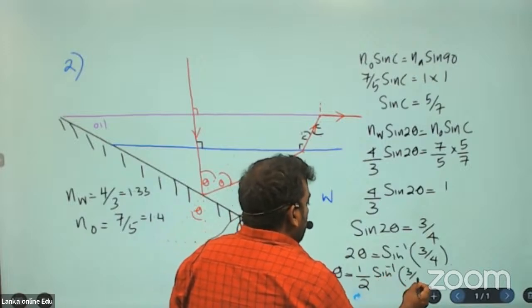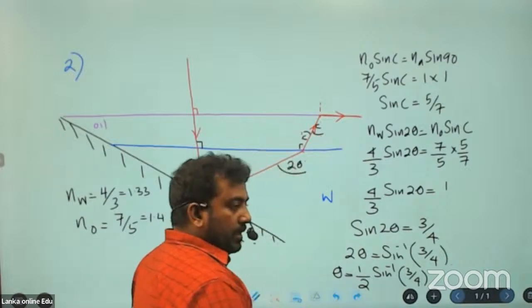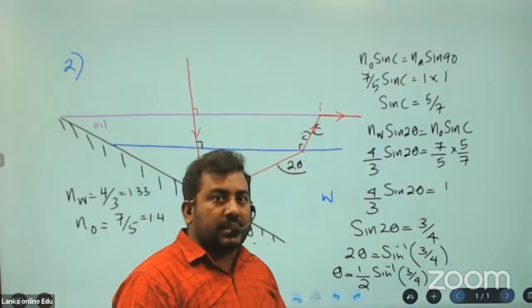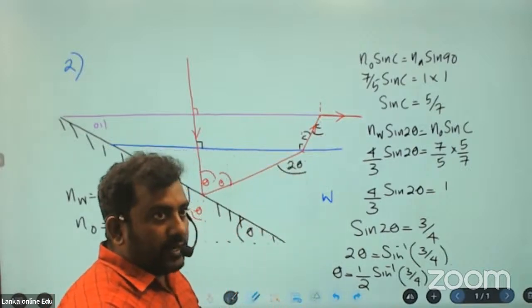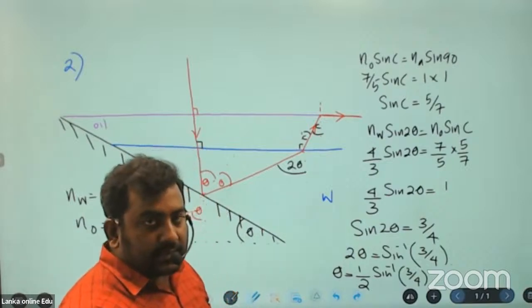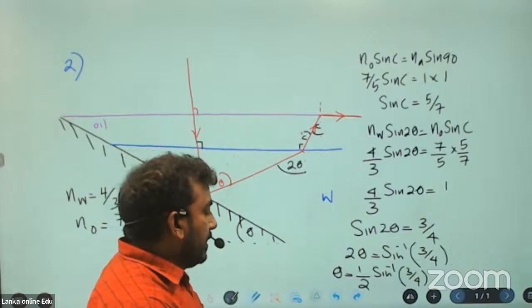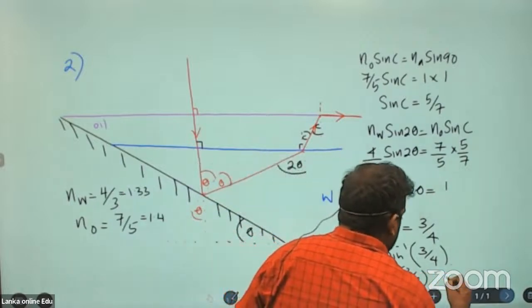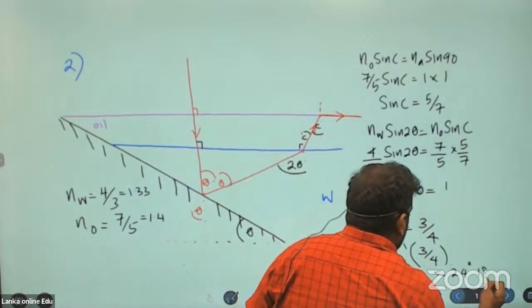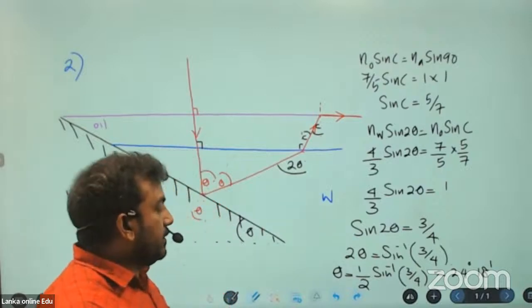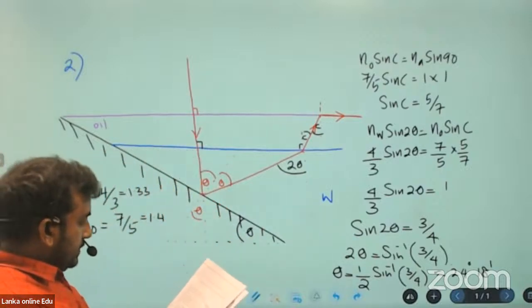So half of 48 degrees 35 minutes is approximately 24 degrees 18 minutes. You will get your answer. Or you can simplify and get it.